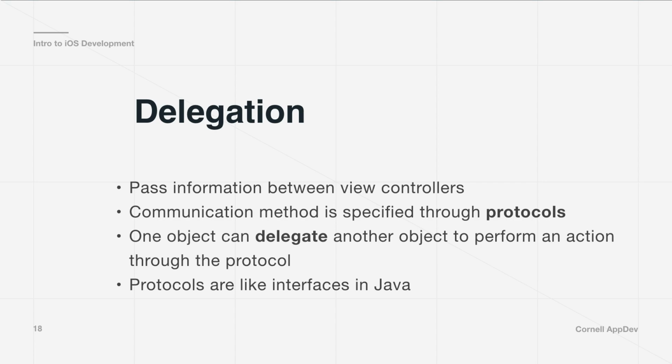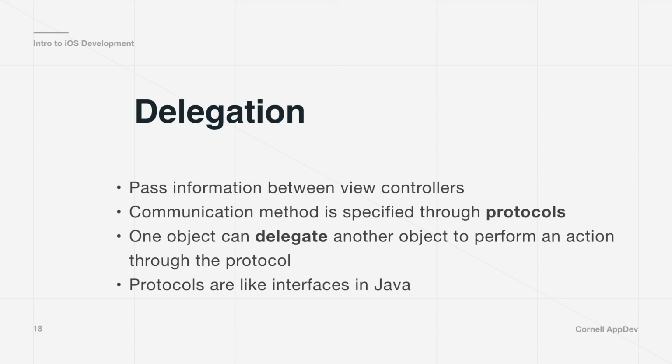This means you can specify a protocol, and a protocol is very similar to an interface in Java, which is a series of functions or variables that must be implemented in one view controller, and then another view controller can call those methods to perform certain actions. Based on a protocol, one object or view controller can delegate another object to perform an action that's specified by the protocol.